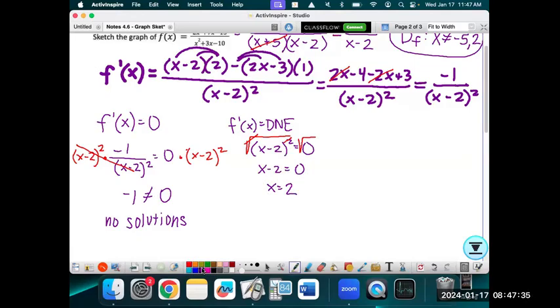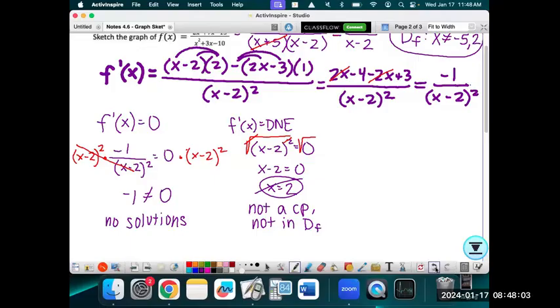But remember, we have to check to see if this is actually in the domain of our function. This was actually one of our domain discontinuities, so that is not actually a critical point.